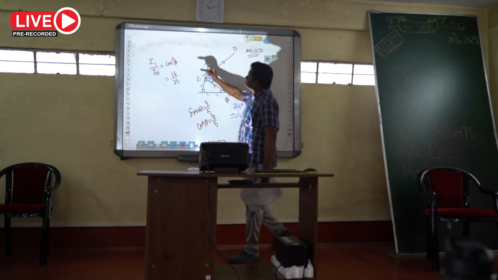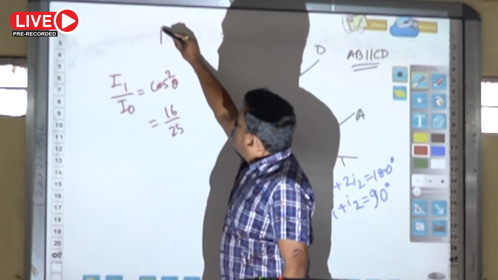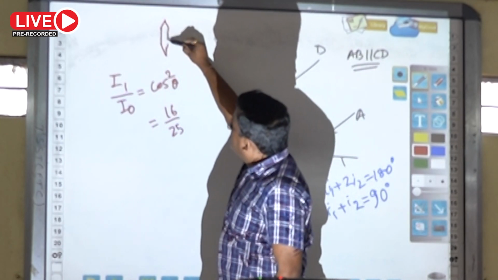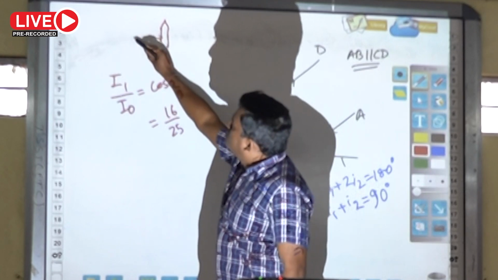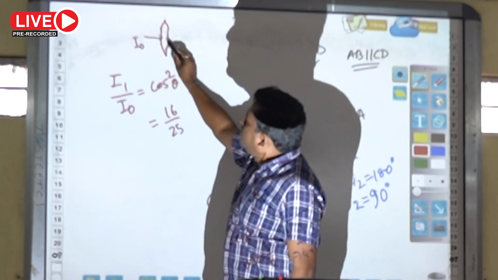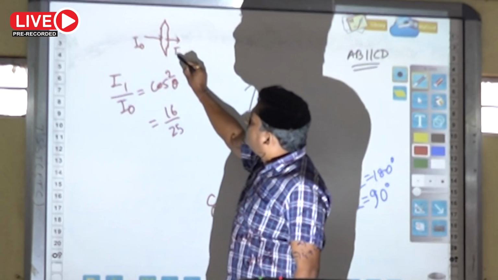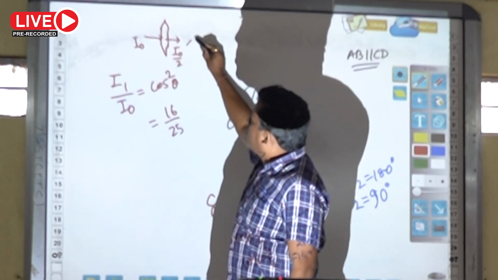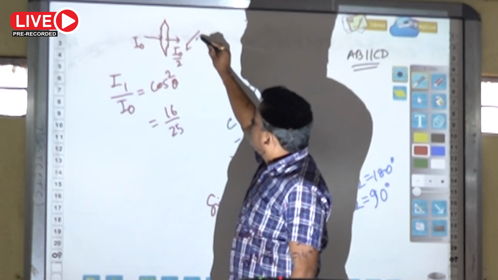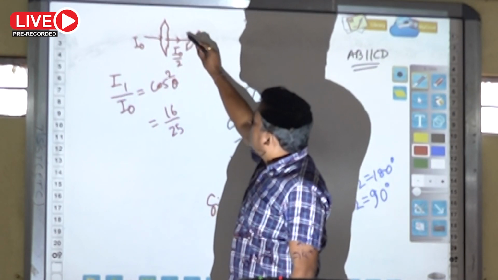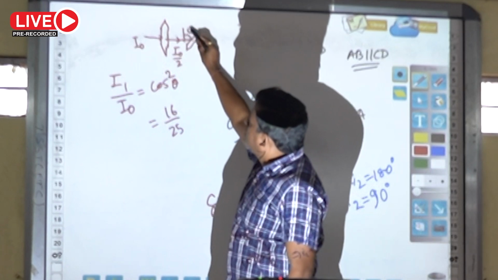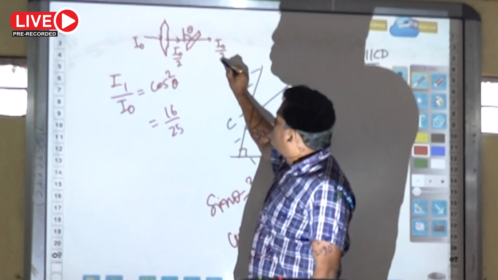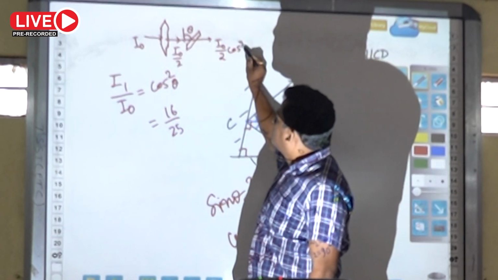Oh, there is a mistake. See, in the first Polaroid, this is I0. After going through this Polaroid, the intensity half, that is I0 by 2. Then there is a cross Polaroid at an angle theta. Okay, then after that it is I0 by 2 cos square theta.